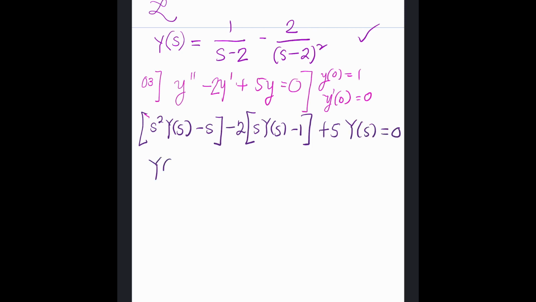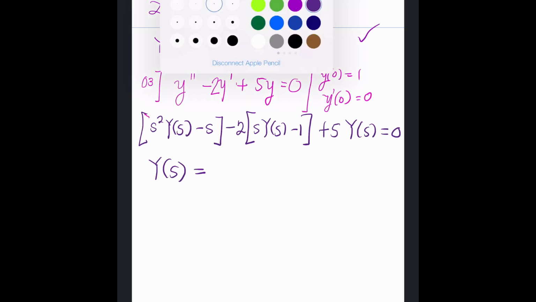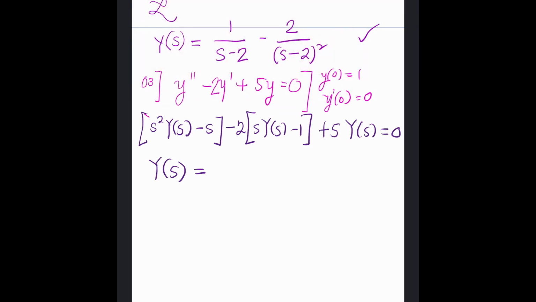So Y of s is equal to: all non-Y of s terms should be transposed to the other side. Negative s, positive 2, so it should be written as s minus 2.